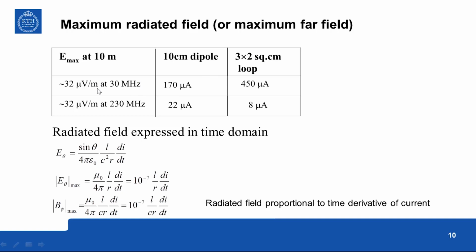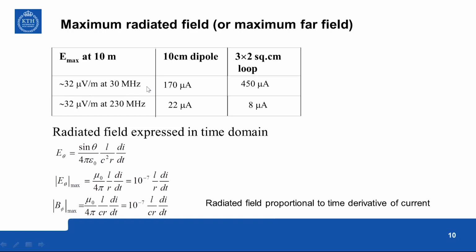Now this shows an example calculation for the maximum radiated field at a distance of 10 meters, for a 10 centimeter dipole versus a 3 by 2 square centimeter loop. Again, the shape of the loop can be anything. In some of the standards it has been specified that electric field should not exceed 32 microvolts per meter at 30 megahertz.